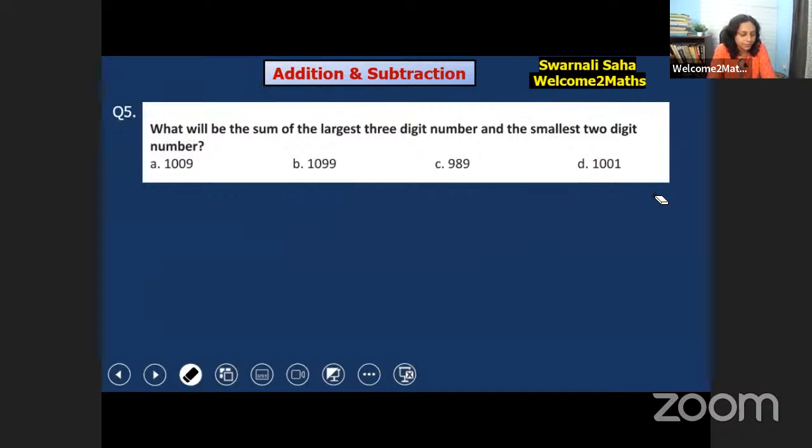Question number 5. What will be the sum of the largest 3-digit number and the smallest 2-digit number? It is so easy, so do it. Largest 3-digit number and smallest 2-digit number.